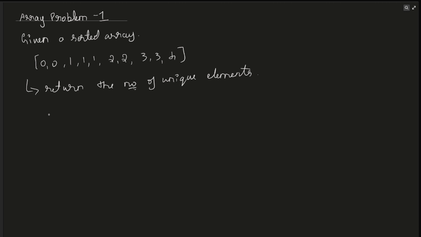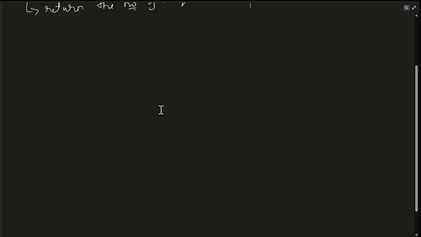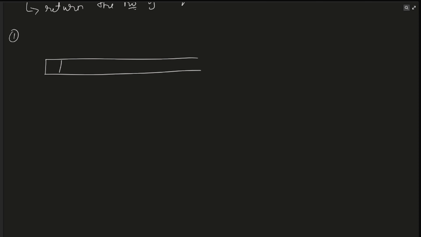Let us see how we can find out the unique elements in an array. The first approach is I'll just write the array: 0 0 1 1 1 2 2 3 3 4.